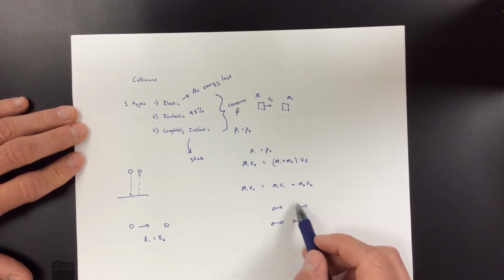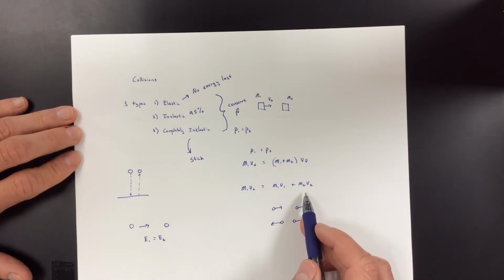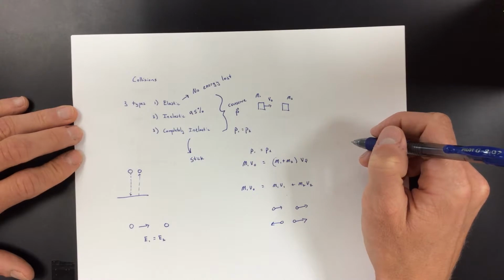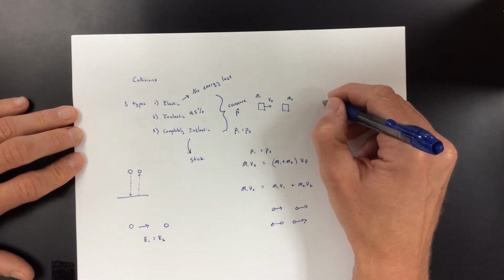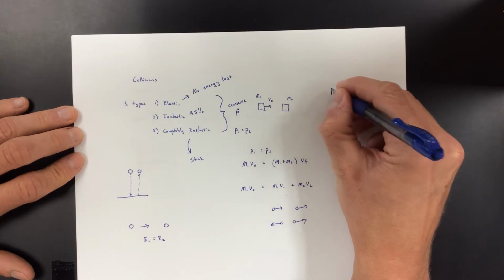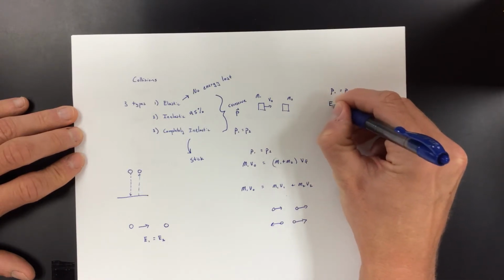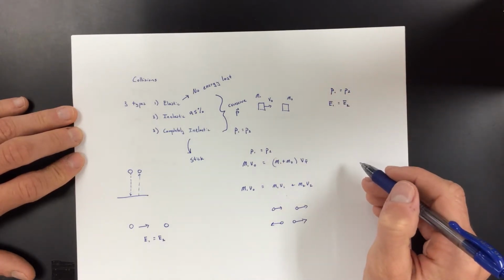And how you know it did this? Well, it's going to be all based on the mass. Elastic has its own special equations, which we'll talk about in a future video. Not necessarily something you want to memorize, but in elastic, we're going to derive P1 equals P2, and we know that E1 equals E2, and we can actually get a result from that.